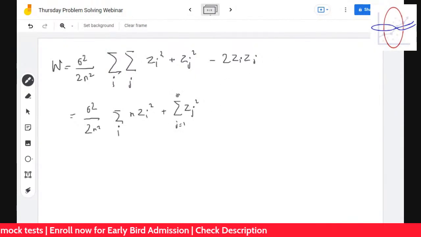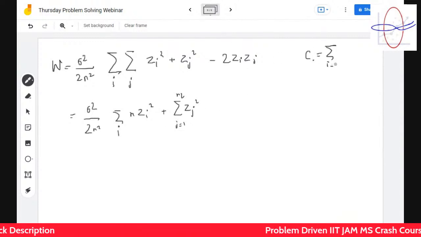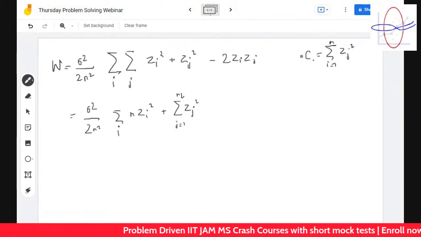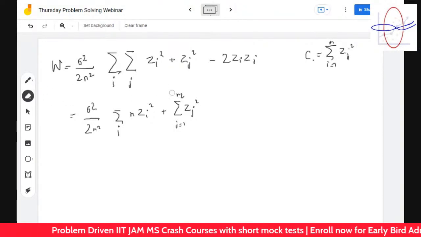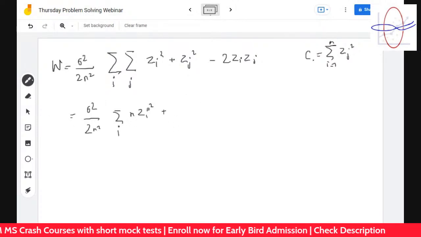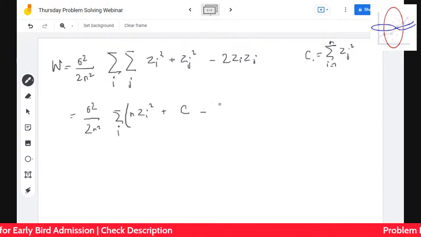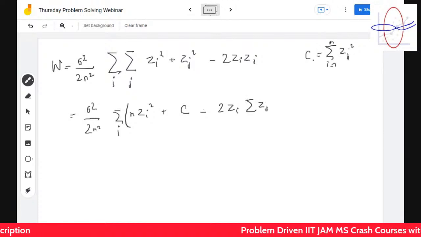Let's call this C. C is equal to summation of 1 to n zj square. And we have minus twice zi summation over zj.